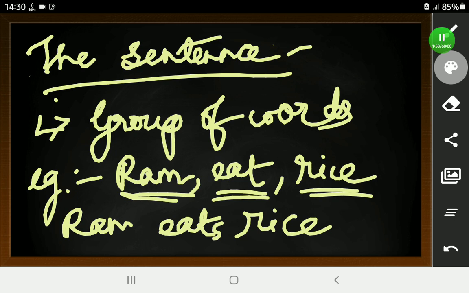Now we are going to move on to the next part, that is kinds of sentence, types of sentence. So I am going to erase this. Please pause the video and write.